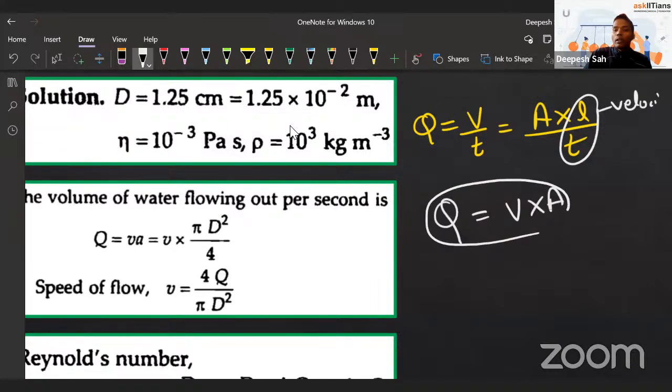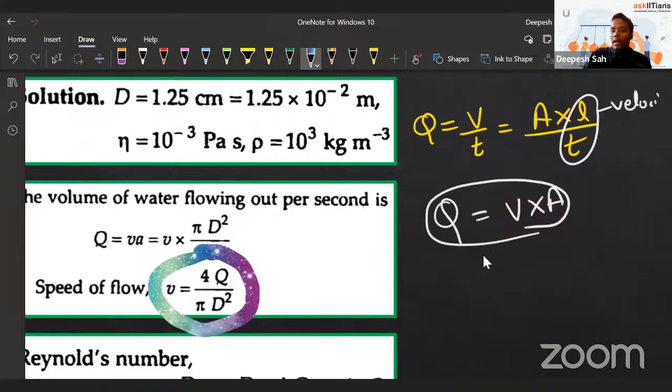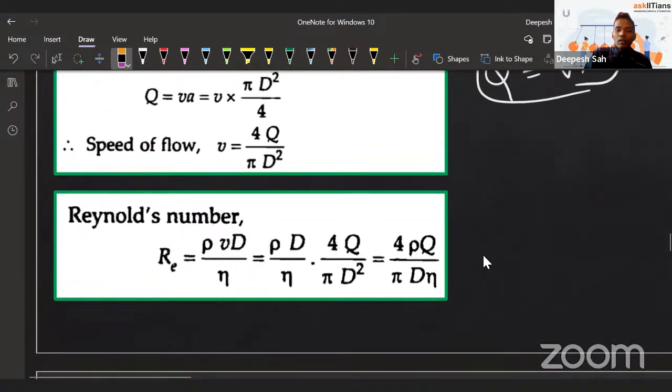This is a very important thing because area can be written as pi d square by 4. You very well know how to calculate area. Now we will use this formula in a very efficient way, with the Reynolds number. This is the original formula for the Reynolds number. But how many things do we already know?